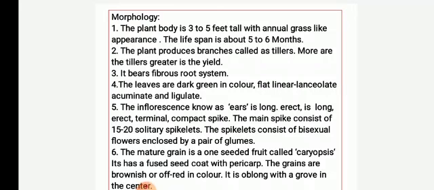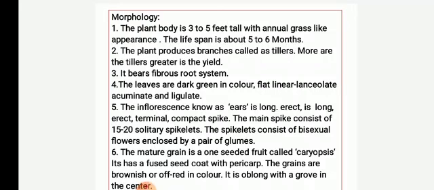The spikelets consist of bisexual flowers enclosed by a pair of glumes. So spike type of inflorescence is present in the wheat, which is surrounded by spikelets, and spikelets are with bisexual flowers containing a pair of glumes.